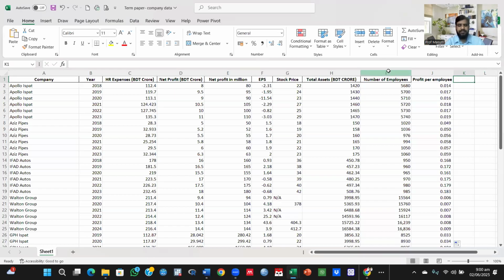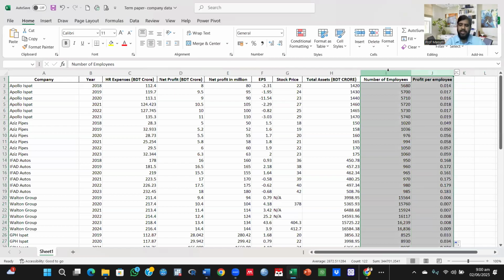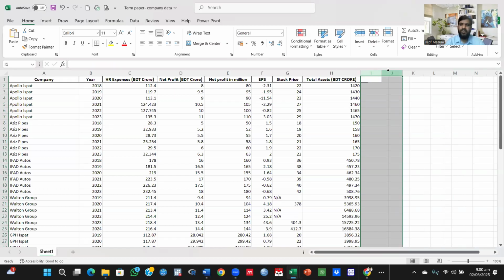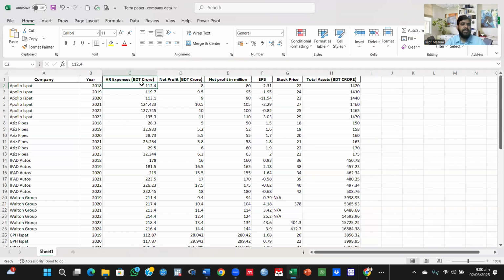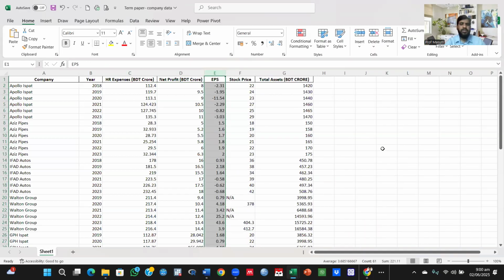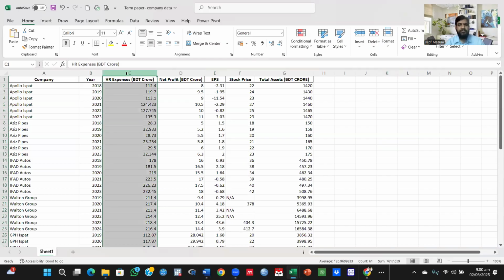So in that case, you have to define your variables. Here your independent variable is net profit and dependent variable is HR expense. All right. So these two variables are relevant in your data set.